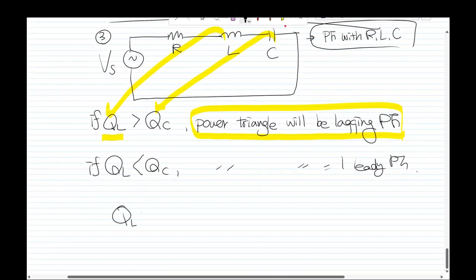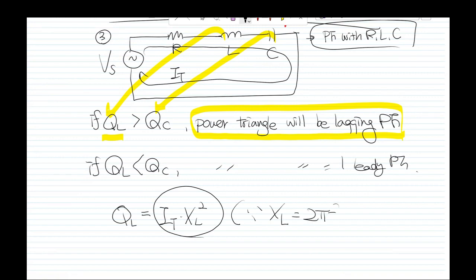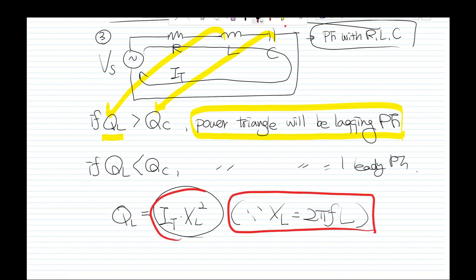So Q sub L, we can calculate for this case for the AC series circuit, as I sub T squared times X sub L. So how can we find X sub L? 2 pi FL. Okay, 2 pi FL, from the AC series circuit.